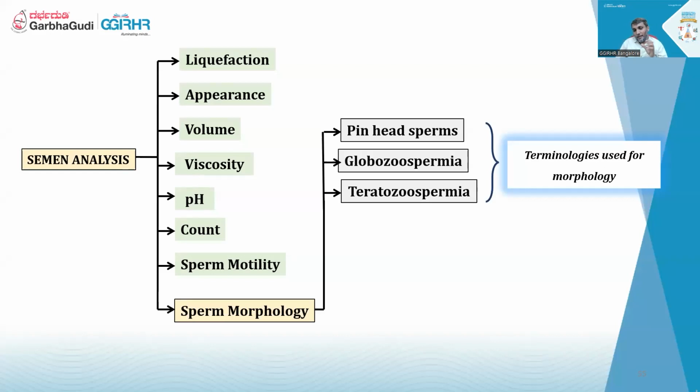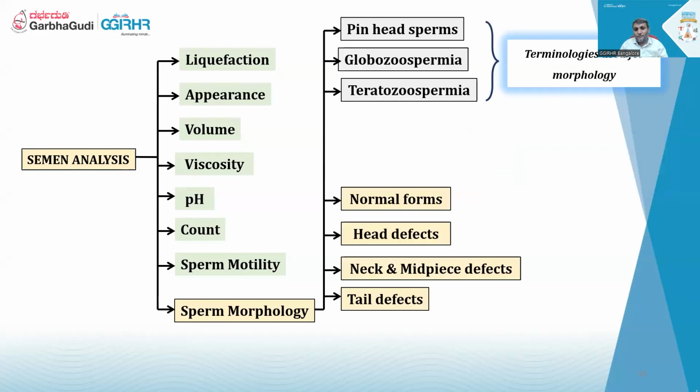Any defects in these three parts, or two parts in some textbooks, head and tail, are considered teratospermia. And pinhead sperm will be like a pinhead: only the tail will be moving, and the head will be like one small dot. So these are the terminology we use for sperm morphology.